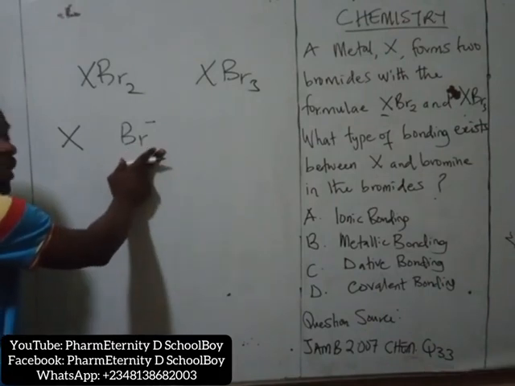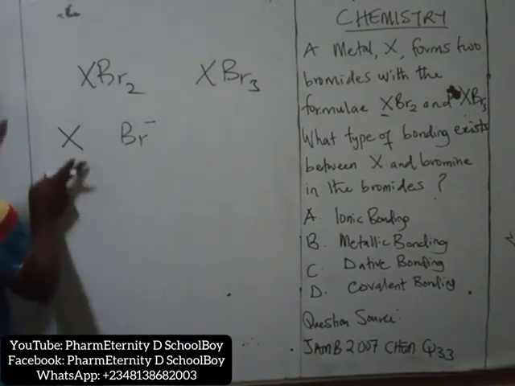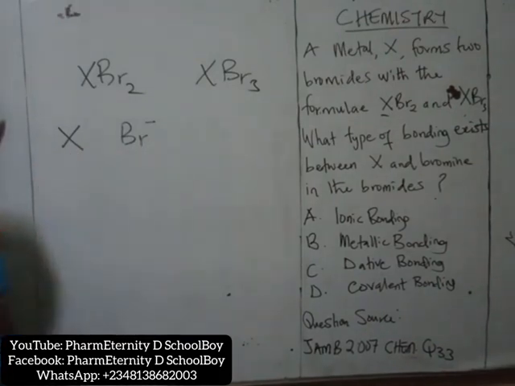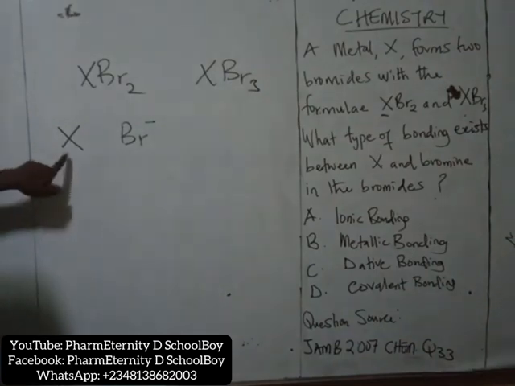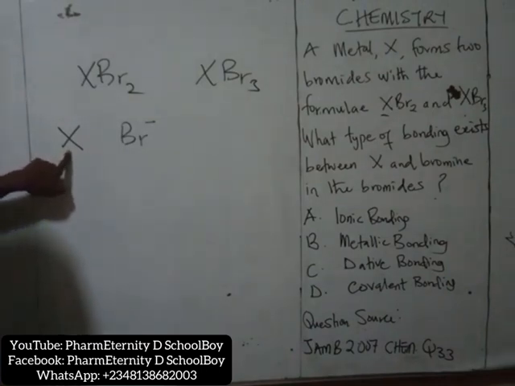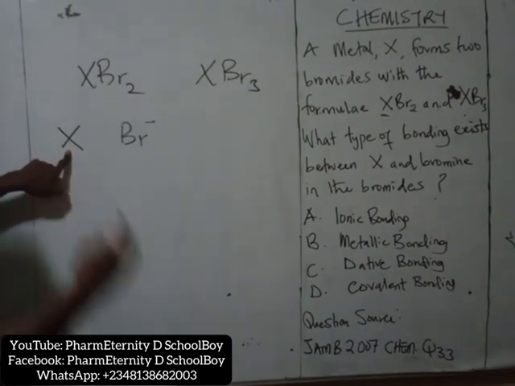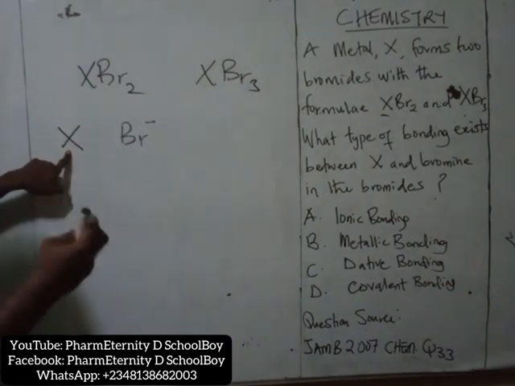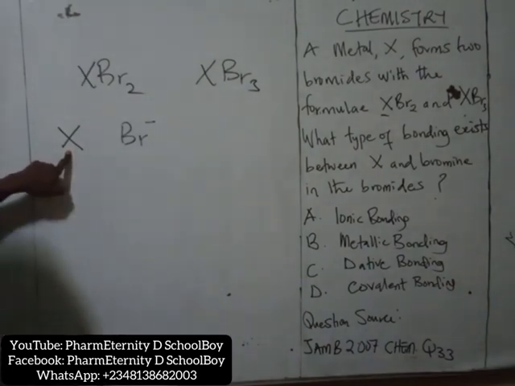This is how they appear on their own. But how do we know whether X is plus 1, 2 plus, or 3 plus? How do we now know?